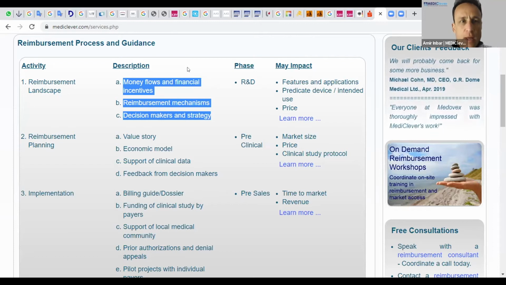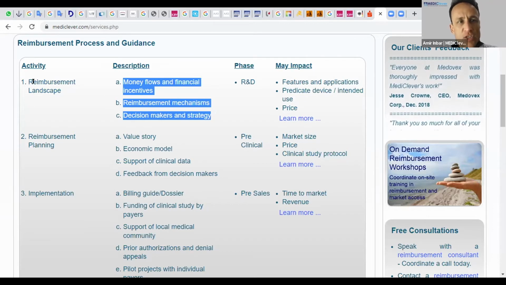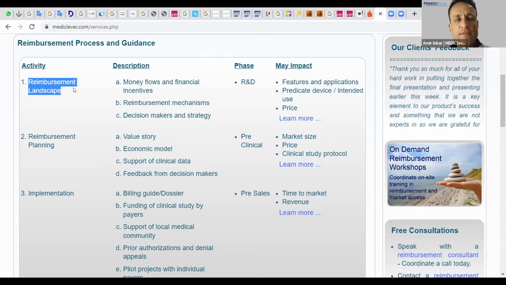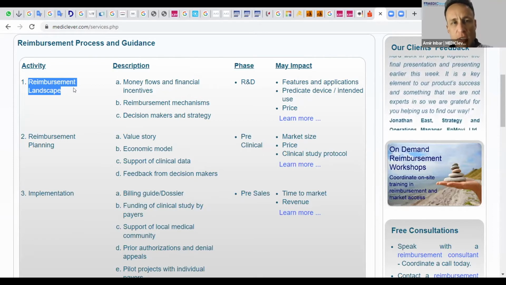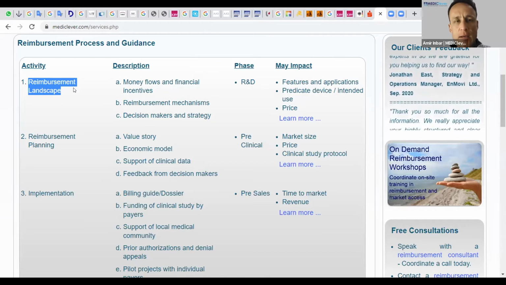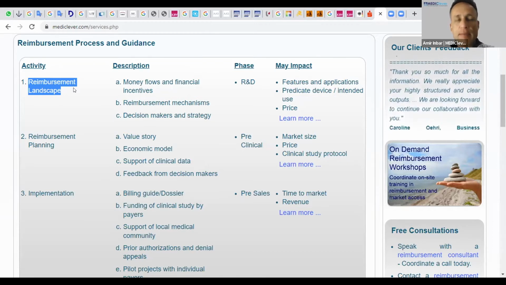That is true. But to be honest, when we initiate the reimbursement landscape activity, there's not a lot of information that we need from the company at this early stage. We just need some initial information about what they plan the product to be like, how it would basically work.